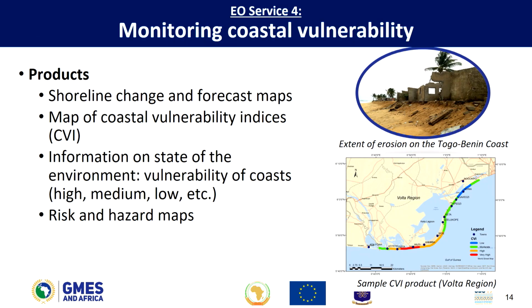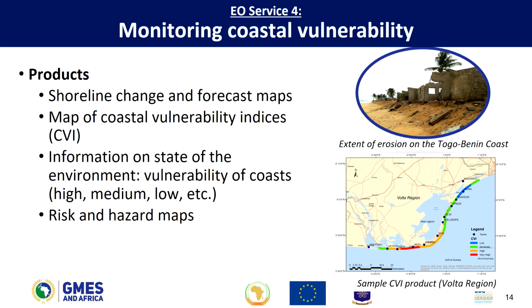The fourth service is on using satellite data to generate erosion change maps and vulnerability maps. As you can see, the map in the picture indicates certain sections of the Ghanaian coast where we have very vulnerable areas and low vulnerable areas.